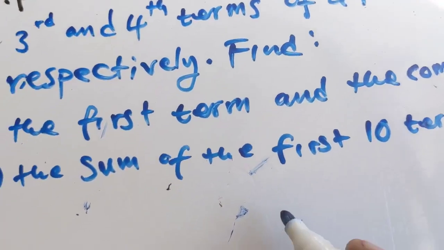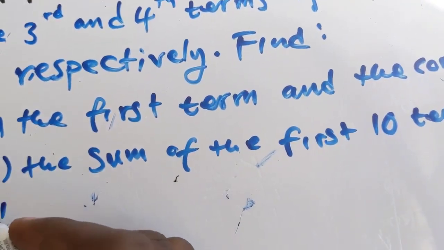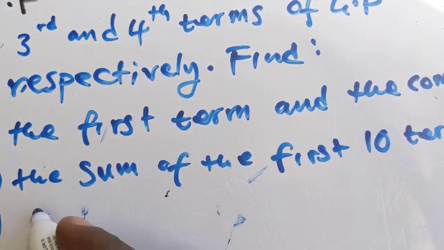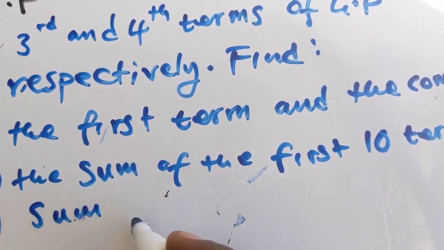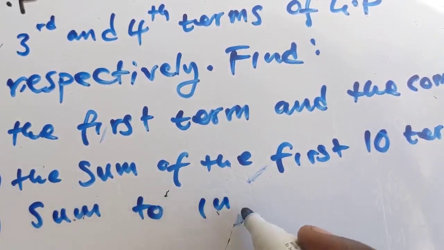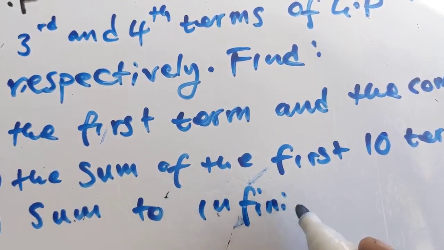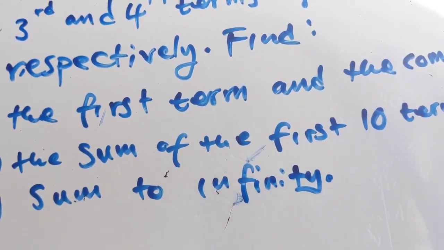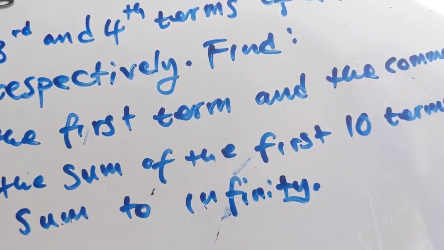Then the third one and the last thing that you should find is the sum to infinity. So this is how the question comes. This is one way in which these questions come.